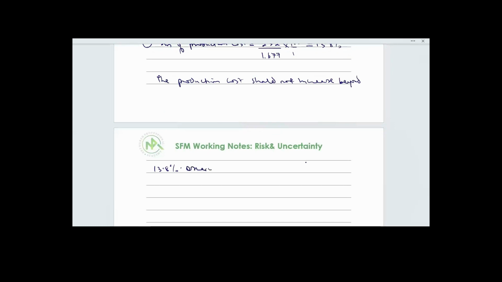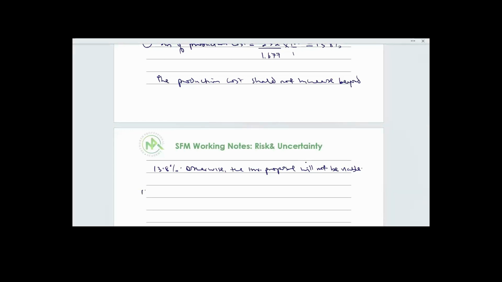Otherwise, the investment proposal will not be viable. So we are done with production cost. Move to the next one, sales price.